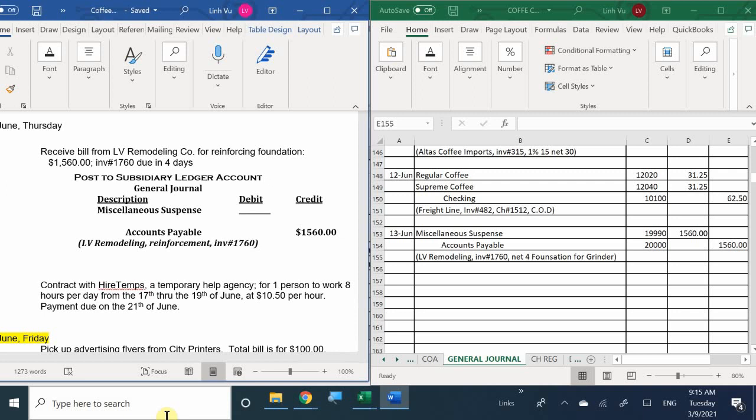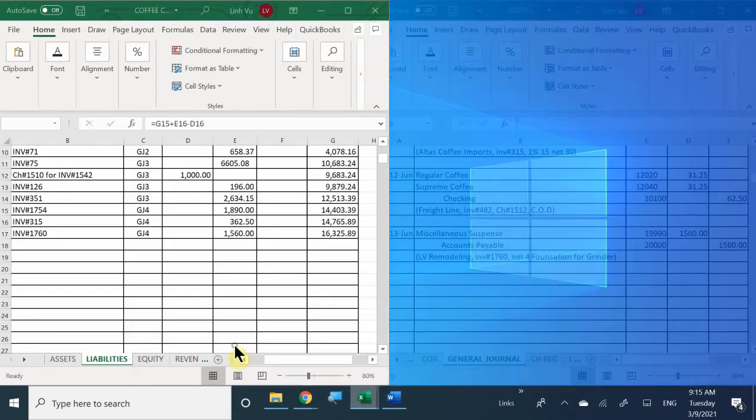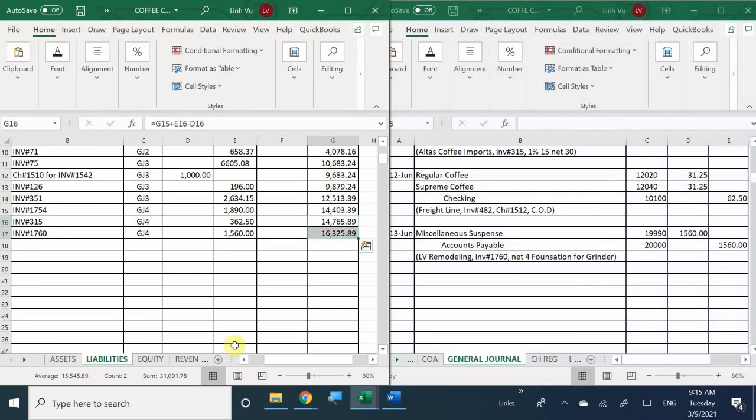However, this is definitely something you want to keep in your notes to the financial statements, because you hired a temporary worker. What I can do here is place this in my ledger, just so that I have an idea of what to expect and not forget about it.